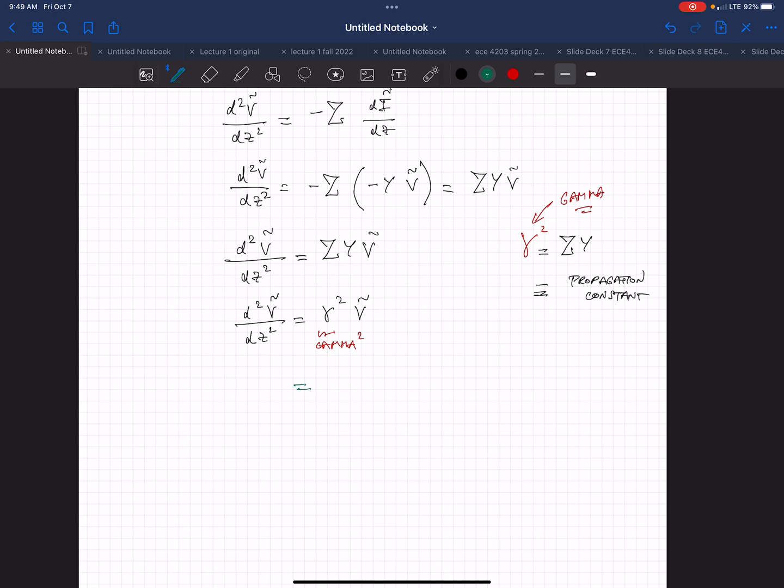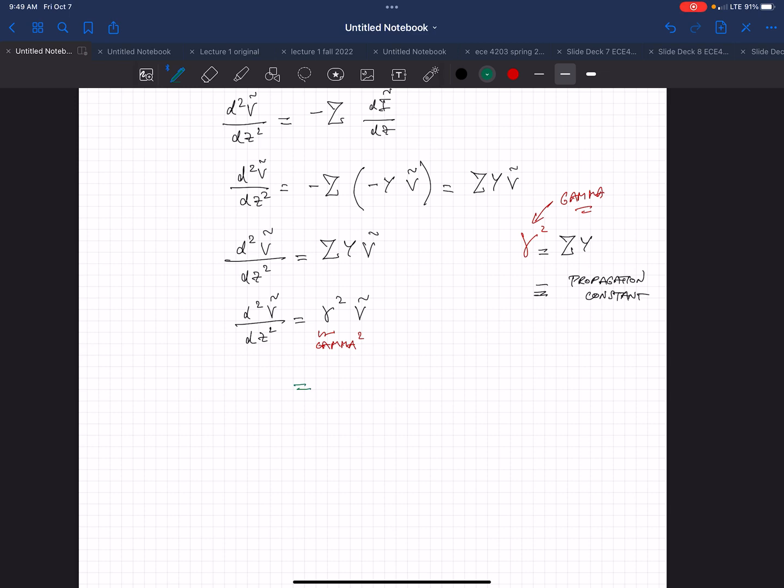Before, we just had L and C. L had j omega in the numerator, C had j omega in the denominator, and the magic of that was that when you multiply them together, you just end up with a real number. So our characteristic impedance of a lossless transmission line was real. You guys with me?